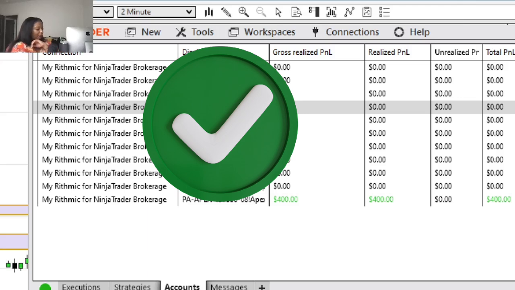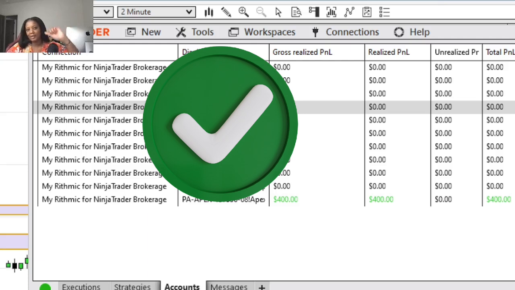Let's see, what else do I have to say? It is the trailing management. So what I'll do, if it's not moving as smooth or with a lot of volume, once I reach around 15 points, I'll move the stop up.